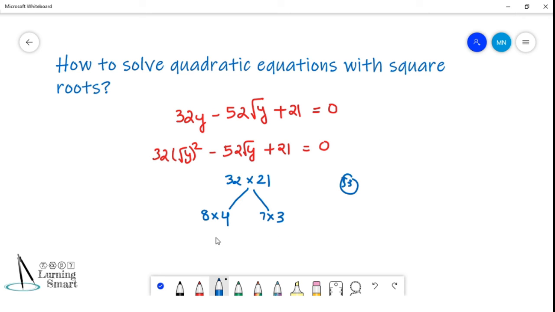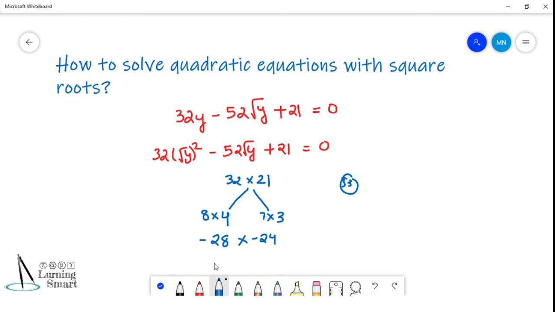So you can write it as 28 multiplied by 24. This way also you can write. Add them, you get 52, but you need minus 52. So minus 28 multiplied by minus 24.